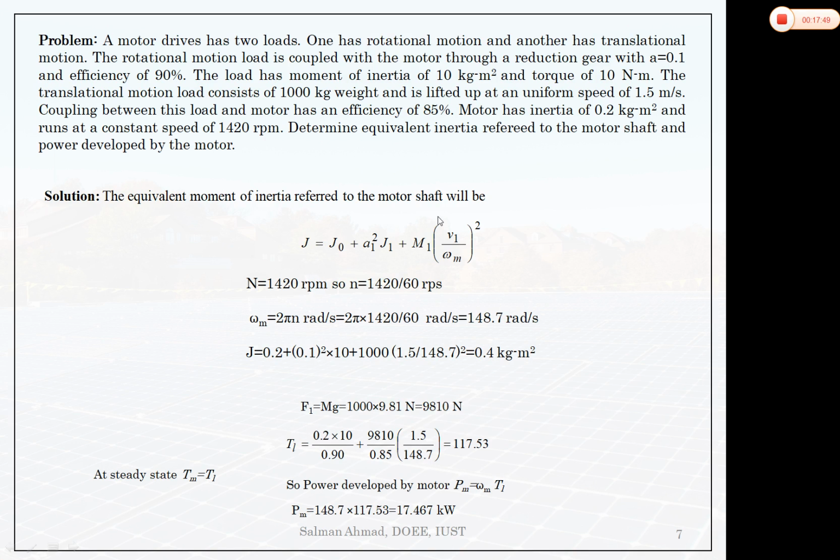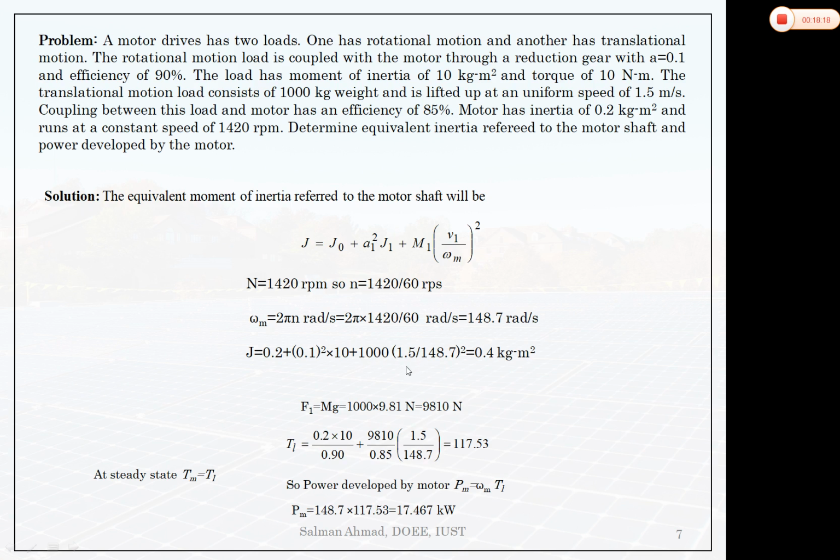Now substitute all the quantities given in the problem. J will be J naught, the moment of inertia of the motor, plus the gear ratio of the first load, which is under rotational motion and has 10 kilogram meter square as moment of inertia. Then the mass of the load under translational motion is given as 1000 kilogram.